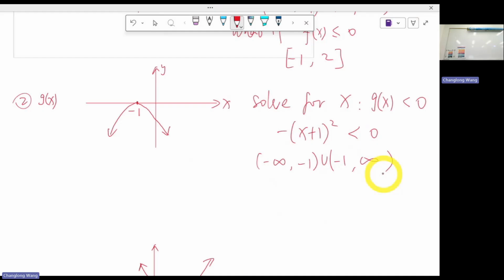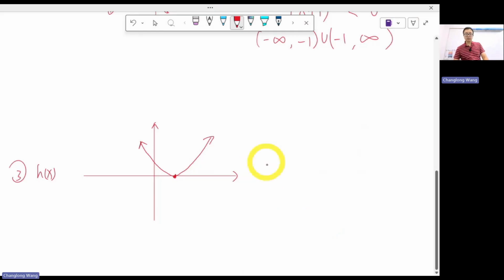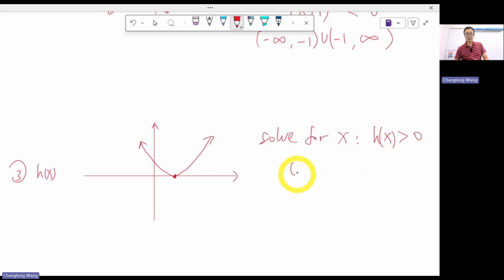Okay. Cool. Now, the last case scenario. Let's solve for x from h of x greater than 0, and by h of x I mean x plus 2 squared greater than 0, right?